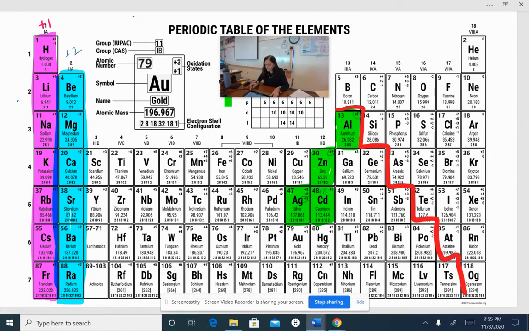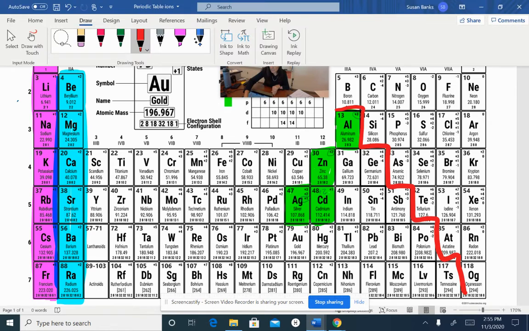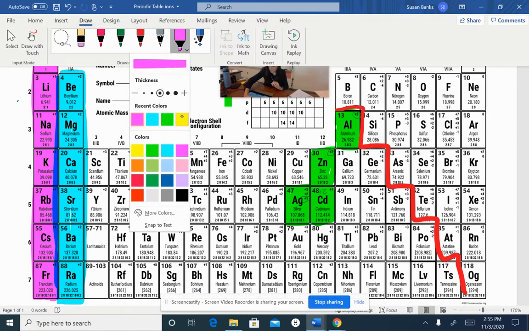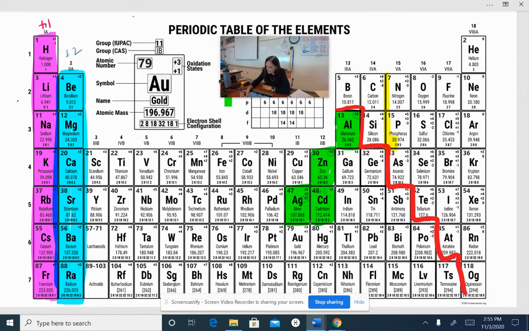So group 15, we said that these guys would acquire a -3 charge. So I'm going to change my color. Now we can really only say that for the nonmetals. So that would be just nitrogen and phosphorus. Remember, arsenic is a metalloid, so it really doesn't qualify as a nonmetal.